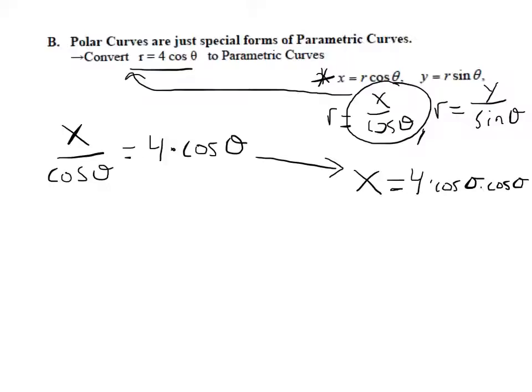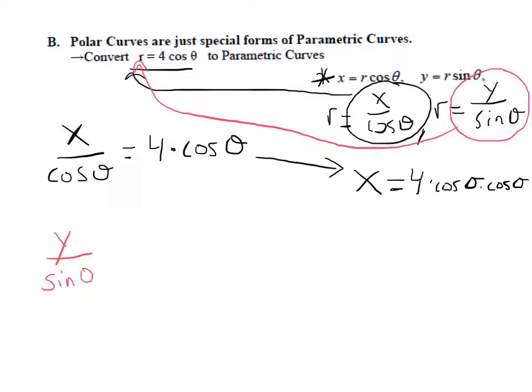I do the same thing for y. I take what I know r equals using a y, and I go back to my original and plug it in for the r right there. So I get y over sine of theta equals 4 times cosine of theta.